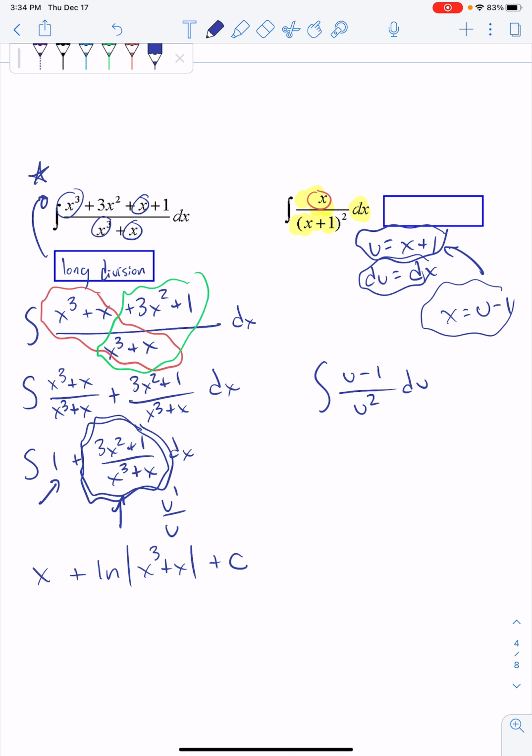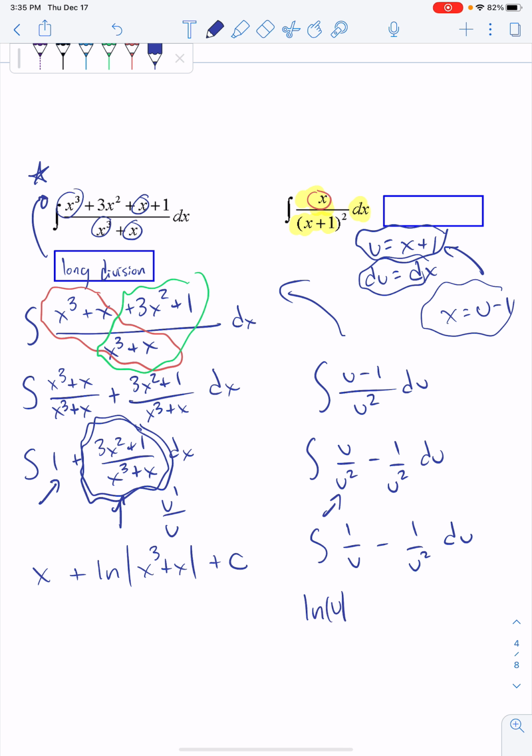Now, just like we did over here, I'm going to split it up. The integral of u over u squared minus 1 over u squared du, because u over u squared just becomes the integral of 1 over u minus 1 over u squared du. And now all I'm left with is my natural log stuff, right? 1 over u, that just becomes the natural log of u.